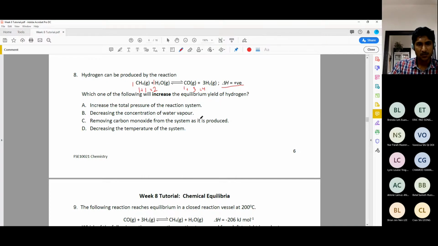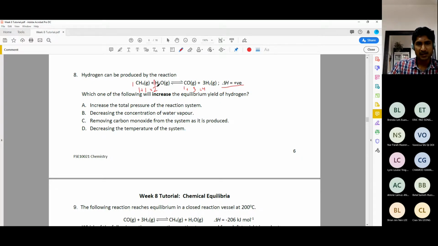Decreasing the concentration of water vapor. If I decrease the concentration of water vapor, it is not helping as well, because we know the reaction depends on the concentration. By Le Chatelier's principle, the higher the concentration, the more it will move towards the forward reaction.